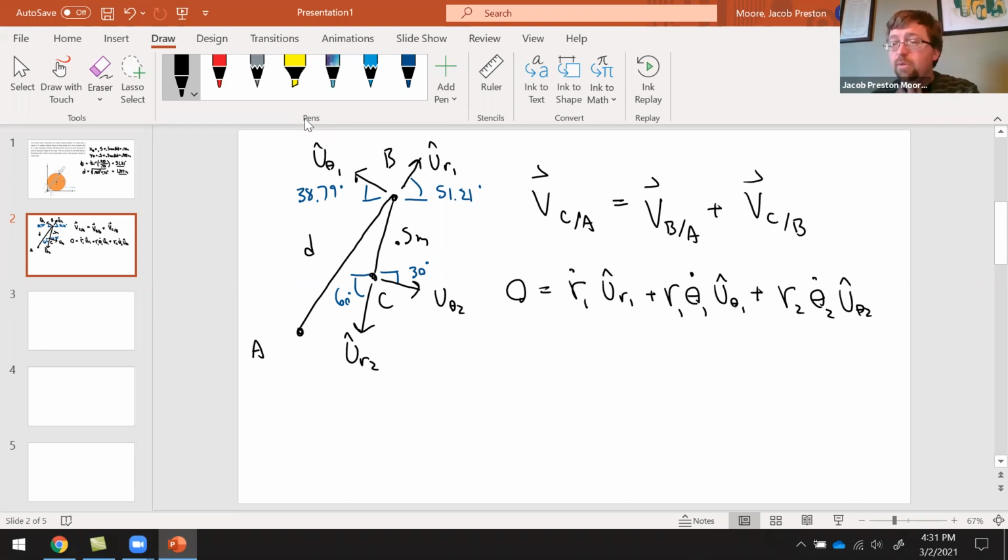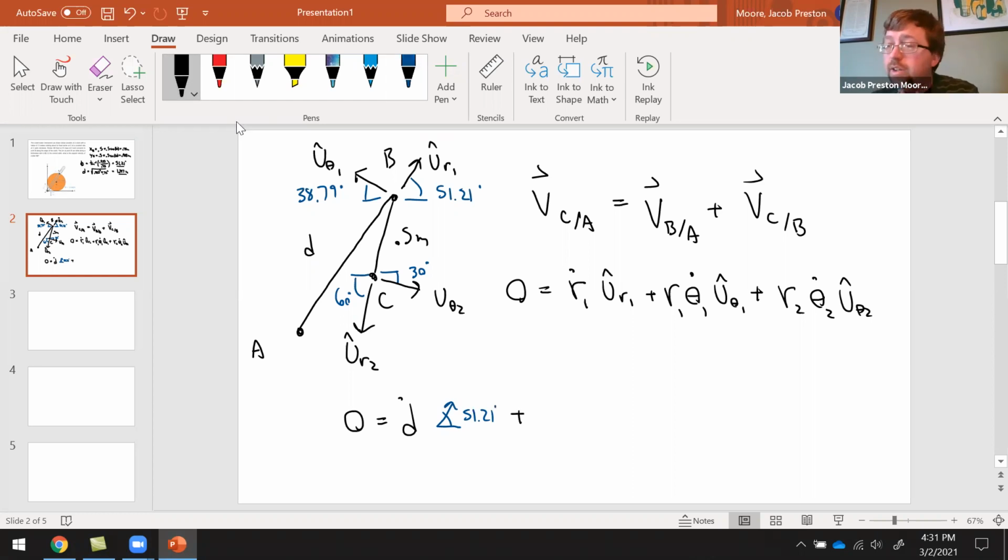All right, so if I were to build this out, 0 is equal to R dot 1. I'm calling this D, so it's D dot, in the U R1 direction, and the U R1 direction is 51.21 degrees up. And then plus R1.